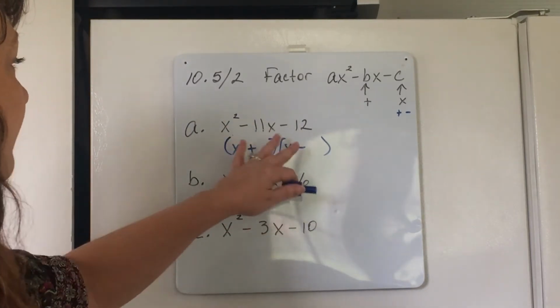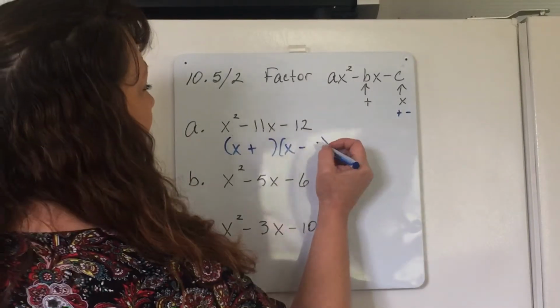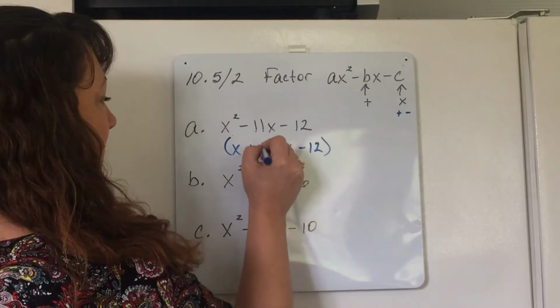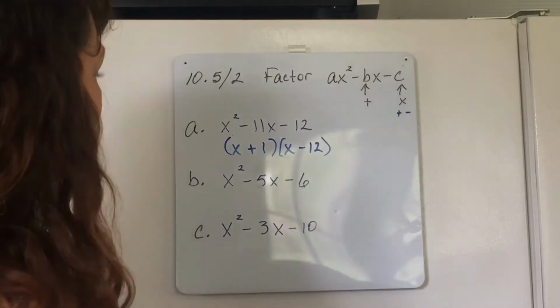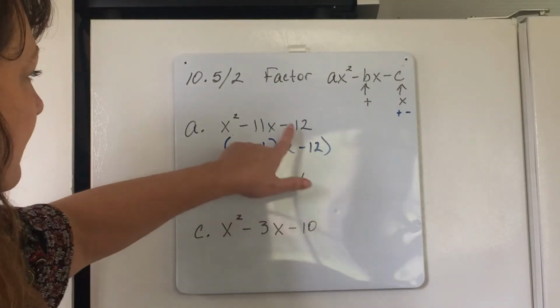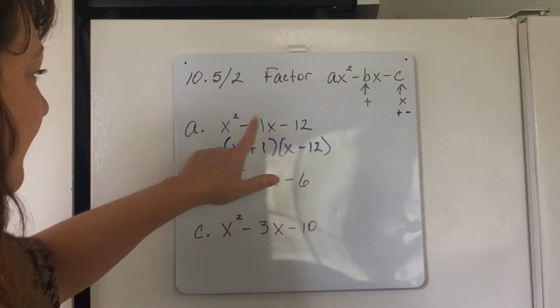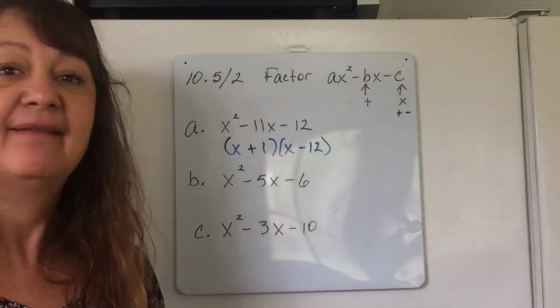How about 12 times 1? Well, if I put my bigger number negative, my smaller number positive, those multiply to get a negative 12, but they add to get a negative 11. So there we go. That's one.